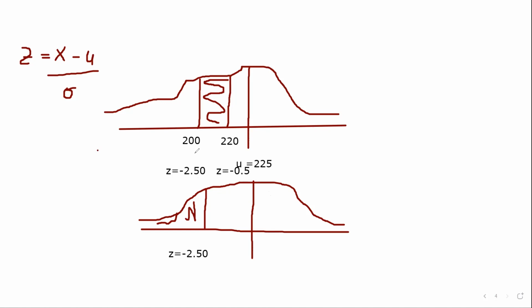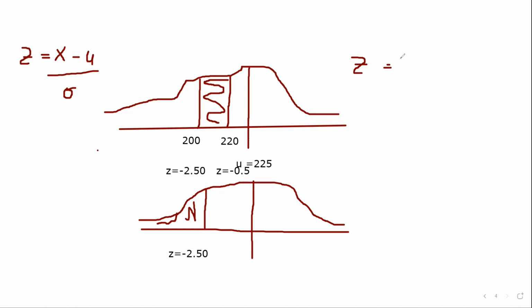I'm lost. Okay. So you were okay up here, right? When we did, we had 2 z-scores in part A, right? Yes. The z-score for 200 was a negative 2.5, wasn't it? Yes. Let's do it again. Z is equal to, because we're doing less than 200 right now, correct?